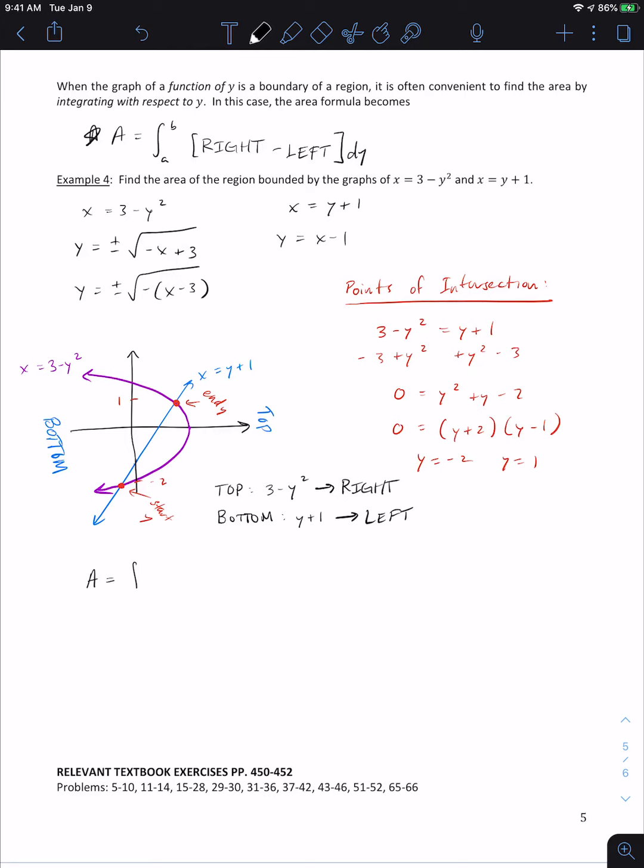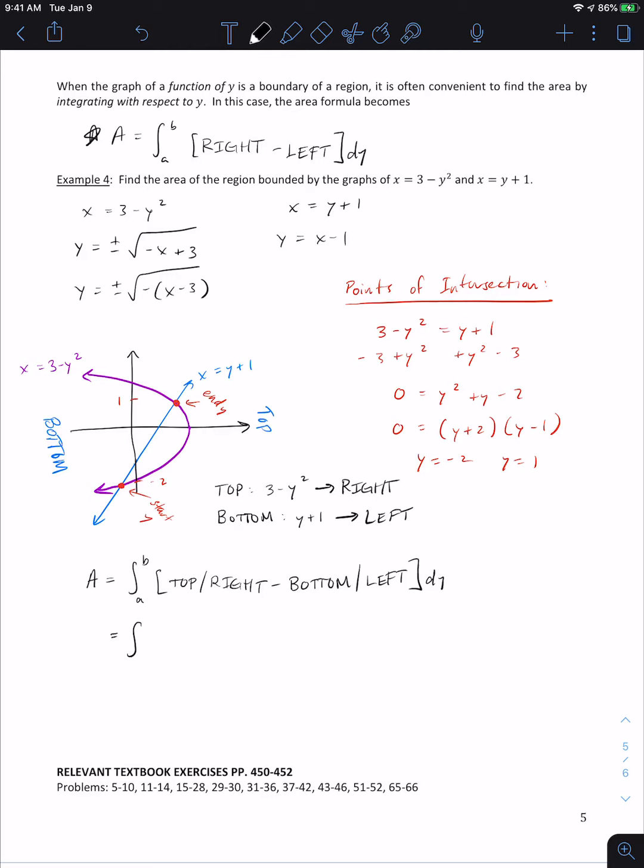So my area here is going to be the integral from a to b, and I'll just go ahead and write top slash right minus the bottom slash the left, depending on how you think about this problem. And again, either one is fine by me. And I put dy just because, remember, everything's in terms of y here.